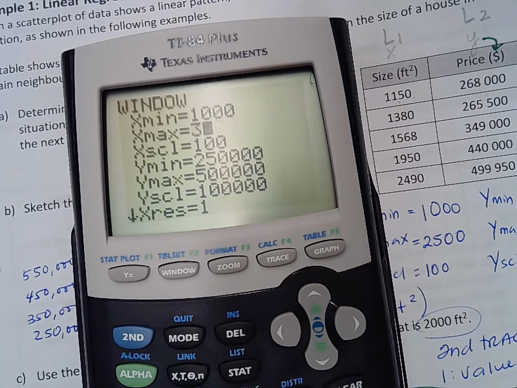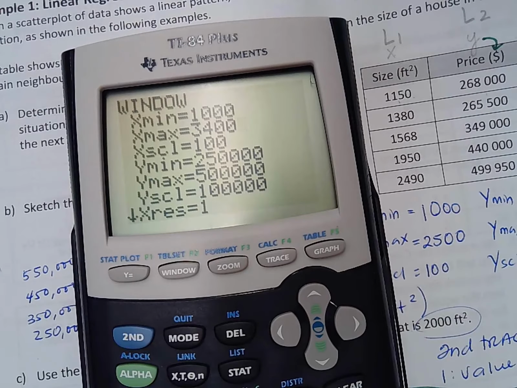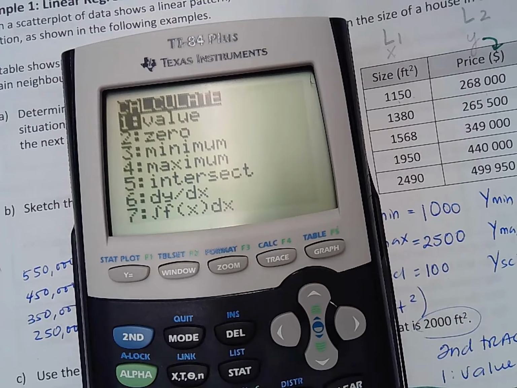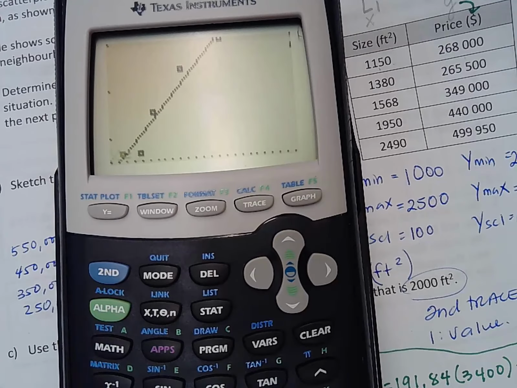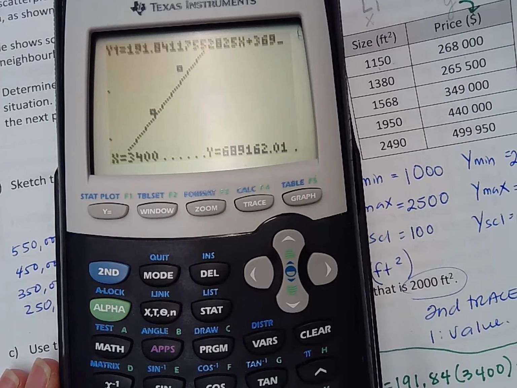So go to 3,400. Okay? Now let's try it again. Second function, trace. Go to value. Press 1 for value. Now it's waiting for us to enter the value of 3,400. And then press enter.